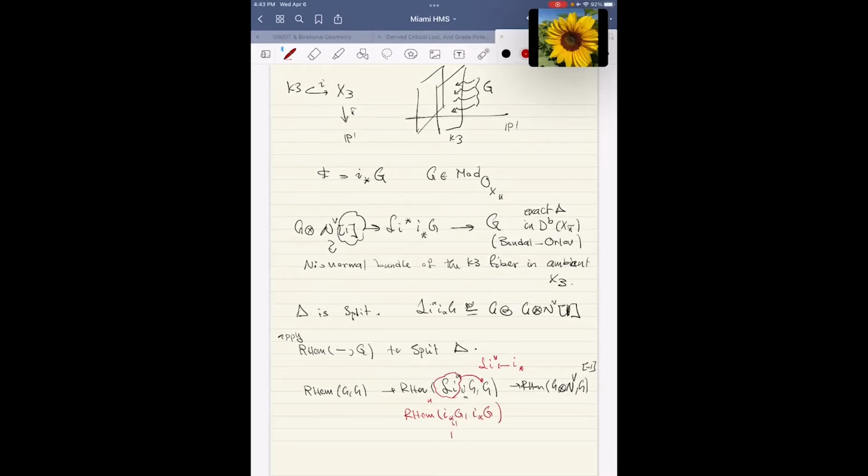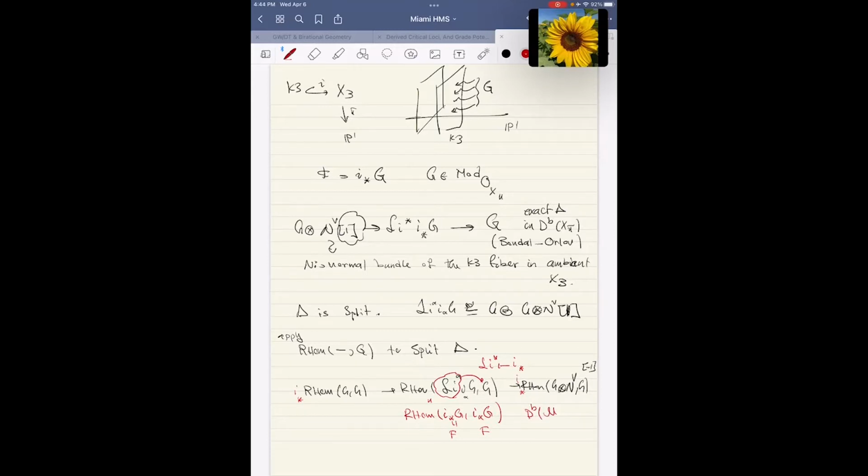And then you can replace these things with F, because that's by definition our torsion sheaves in the ambient variety. Okay, so when you do that, in the middle you have RHom(F, F). So in some sense, it's like you're ignoring the i lower stars. Now it's an exact triangle. This is an exact triangle in the bounded derived category of the moduli space itself.